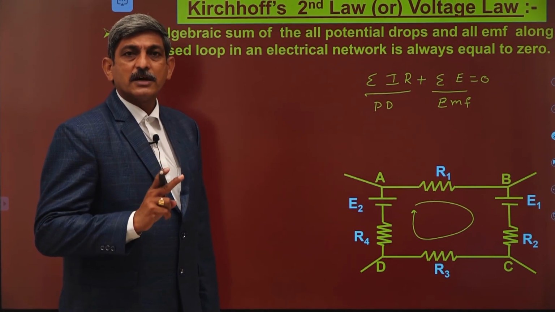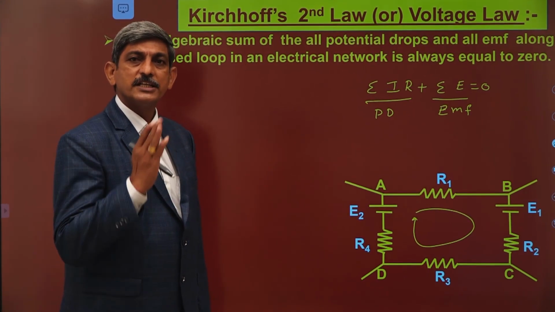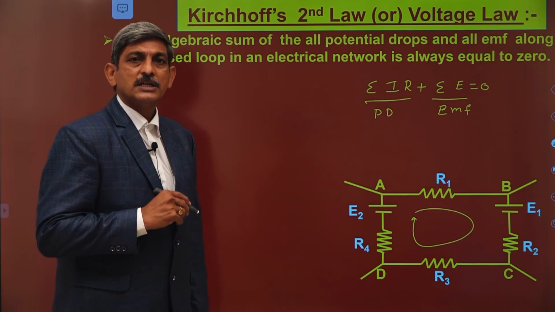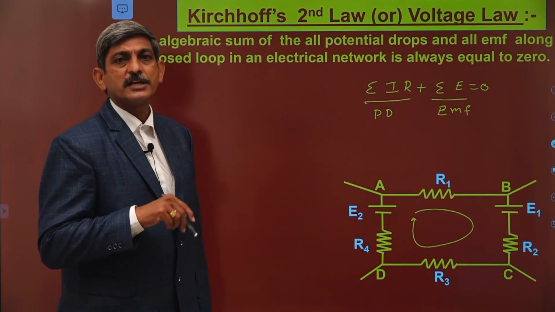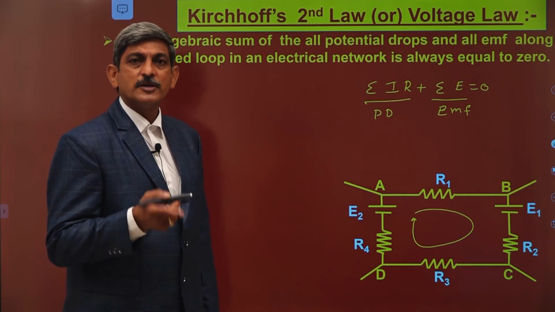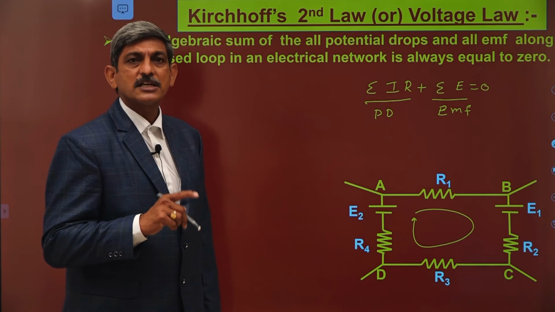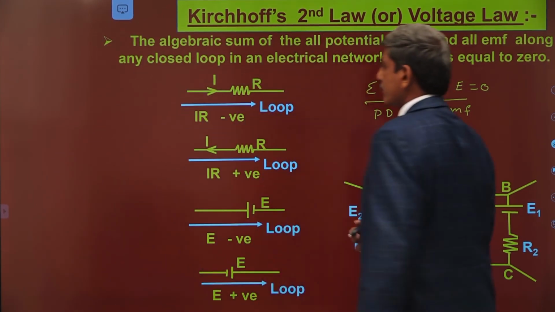While applying Kirchhoff's voltage law, we have to follow some rules that we studied in the previous session. Rise in potentials are taken as positive and fall in potentials are taken as negative. To identify the rise and fall in potential across the resistors and batteries, we have to follow these 4 rules.